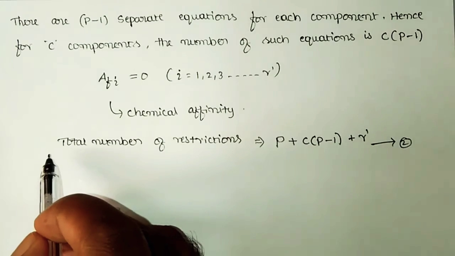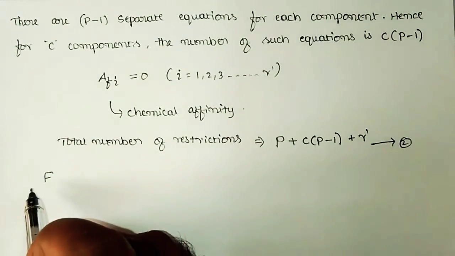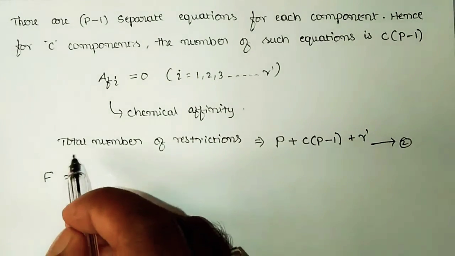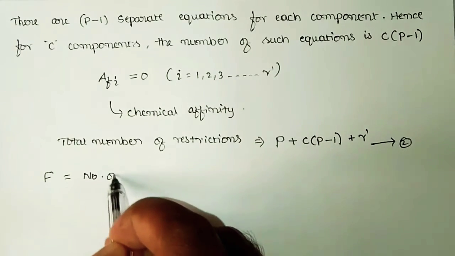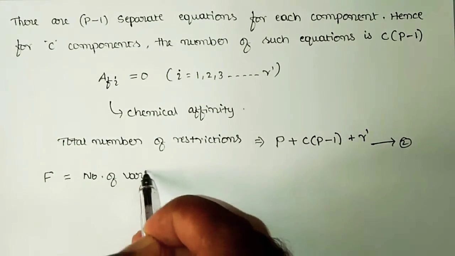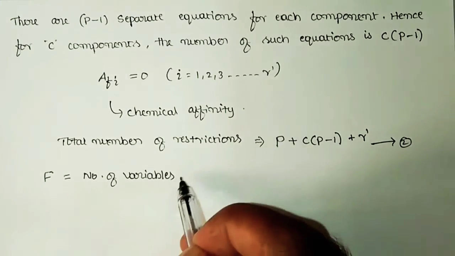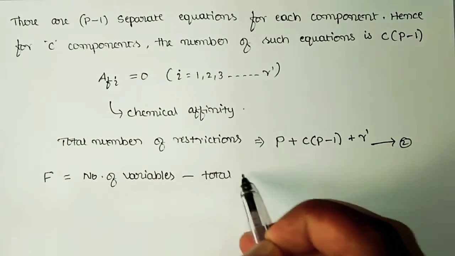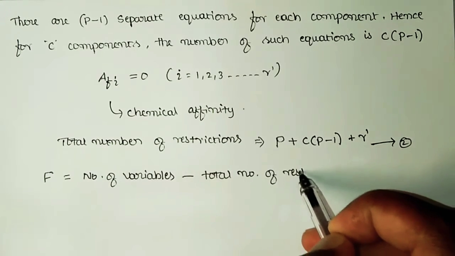So our main intention is to obtain the number of degrees of freedom, that is F. The value of F, the number of degrees of freedom, will always be equal to the number of variables which we use in order to define a system minus the total number of restrictions for defining the system.